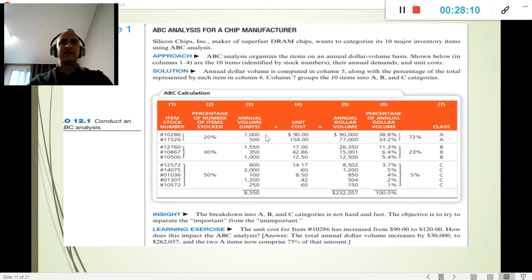So in this case, let's say, for example, I have 1,000 units. They are expensive because they cost 90,000, or this one is like 500 and they cost 90,000, and 154. You see, each unit cost is very high as compared to this one that is only 60 cents.